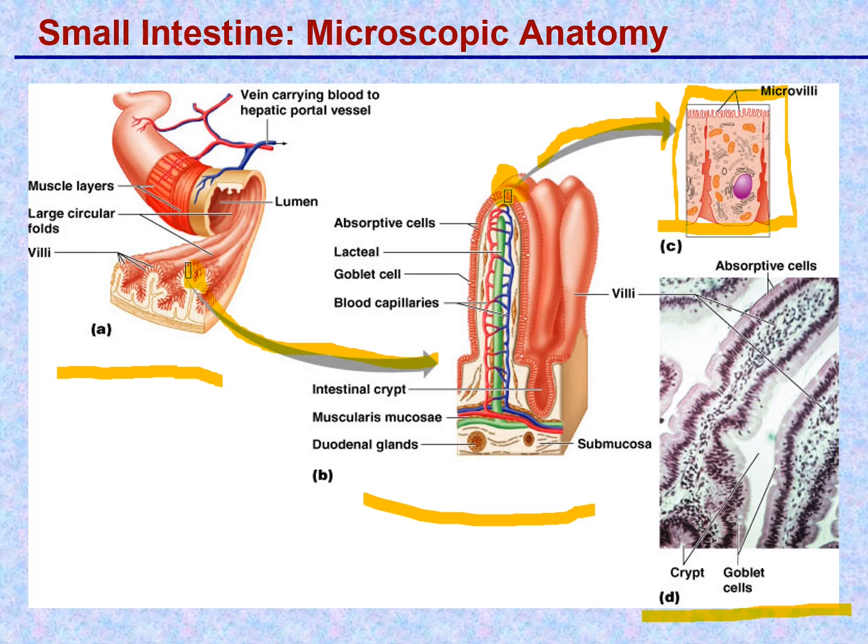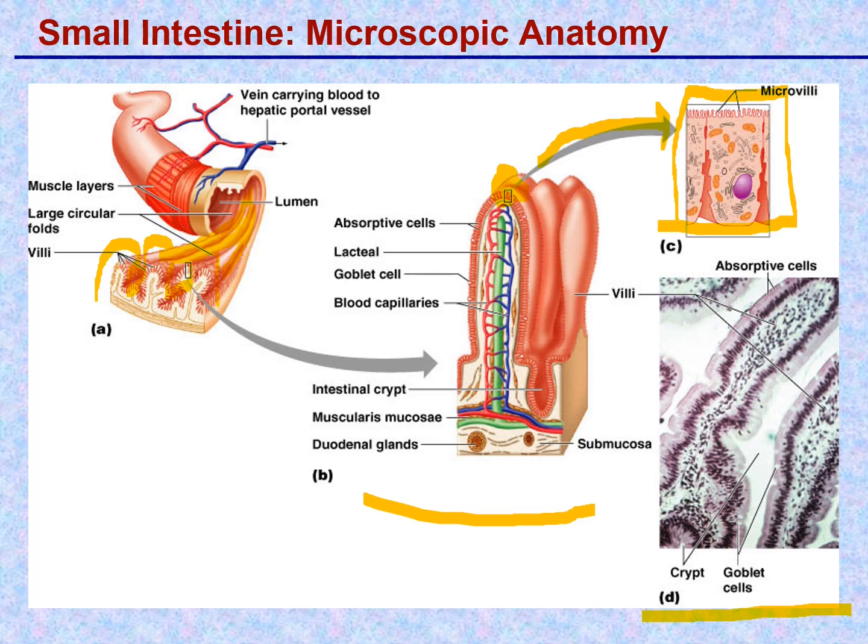So what we have here, where we are looking at the entire inner surface of the small intestine, is these folds. Along here we have these folds. The surface is folded back and forth, so you get these ridges, these circular ridges or folds, and those are called the plicae.